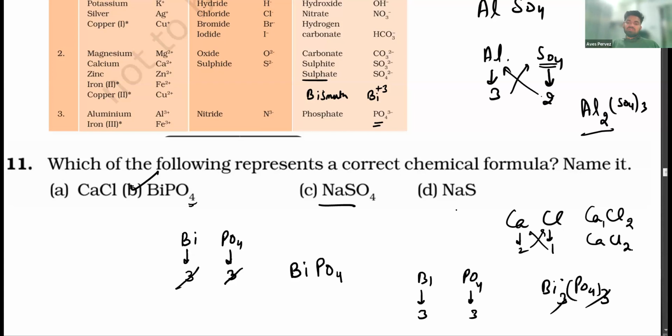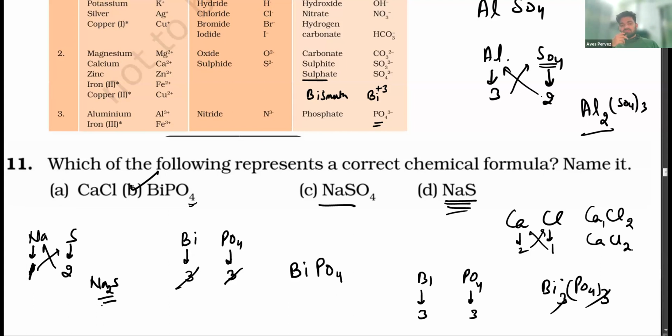Next one, why is it incorrect? It should be Na2SO4. No, it is NaS only, sodium sulfide. Oh, you're asking about the last one. It should be Na2S. Na has valency 1 and sulfur has valency 2, so when you cross multiply these two, you get Na2S.